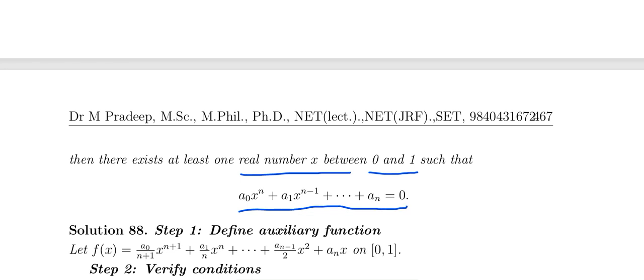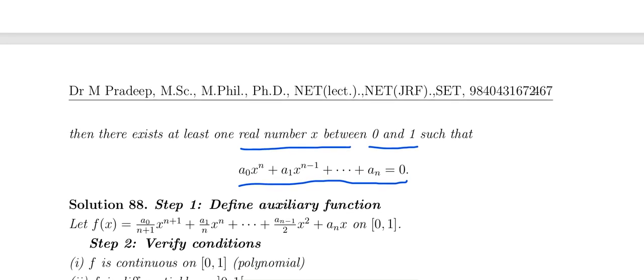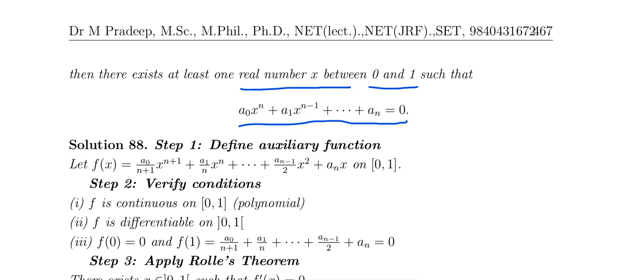Okay, so இங்கே பார்த்தீங்கன்னா f of x equal to a0 by n plus 1 x power n plus 1, a1 by n x power n, plus an minus 1 by 2 x square plus an x. இதை differentiate பண்ணினால் இது வரும். இதை differentiate பண்ணால் இந்த function வரும் like that.